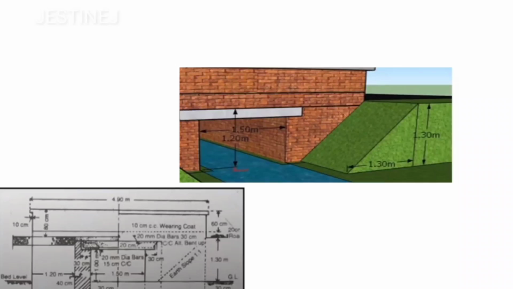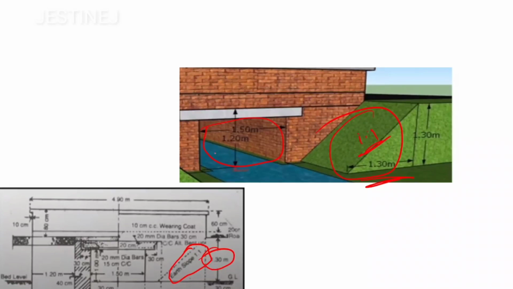Our next aim is to calculate, actually we need to reduce, as already mentioned, some portions. Here a rectangular opening is provided, and here a triangular portion is mentioned. If you observe clearly, you will get more clarity. This earth slope is provided here, and its ratio is given as 1:1, and its height is going to be 1.3. So both sides it will be 1.3, 1.3, since the slope ratio is 1:1.